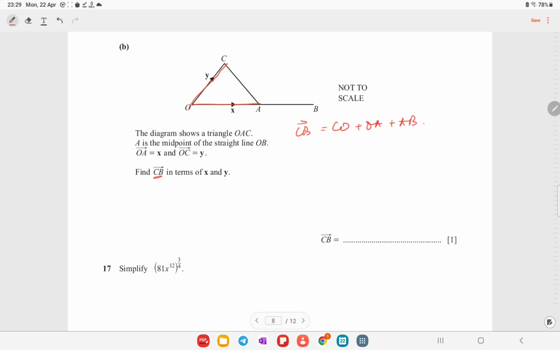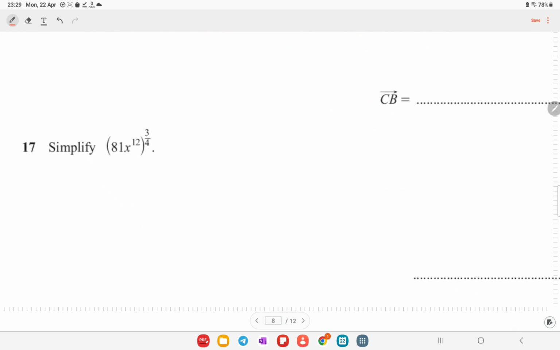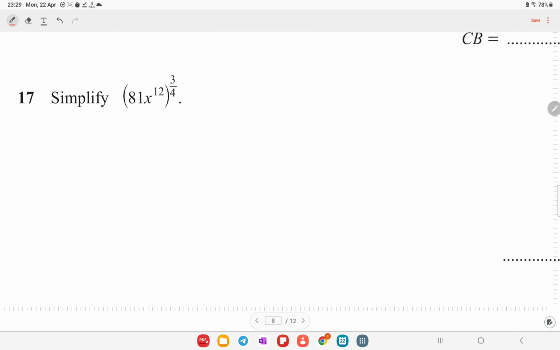So this is how you have to do it. Now you see this thing OA is also x. So what I can do is minus y plus x, because that's the midpoint, so I can easily write it down like this.